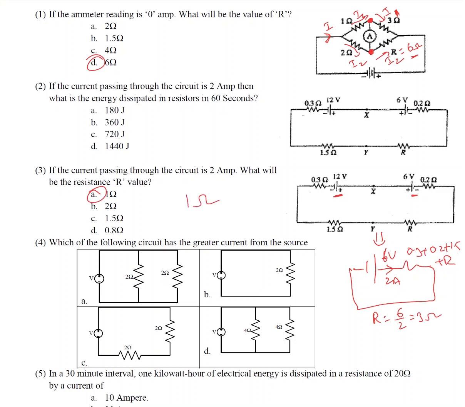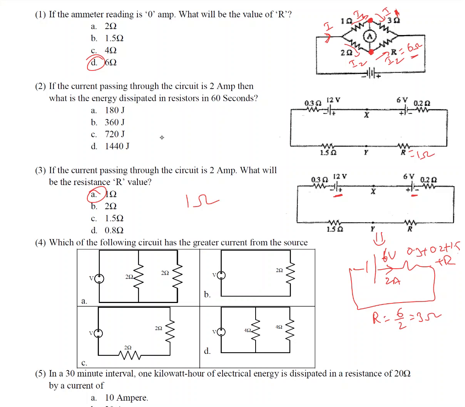Now the second question. If the current passing through the circuit is 2 amperes, what is the energy dissipated in the resistance in 60 seconds? So he's talking about total energy dissipated in 60 seconds. We know that R equals 1 ohm. What is the formula for energy?